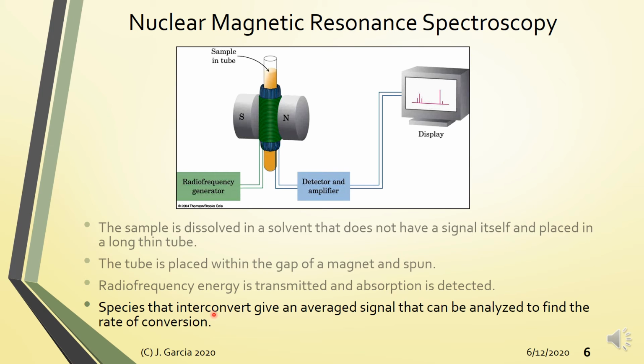Okay? So for species that tend to interconvert, the NMR spectrometer will give an average signal. And then post-analysis of this signal can be done to find the rate of conversion.